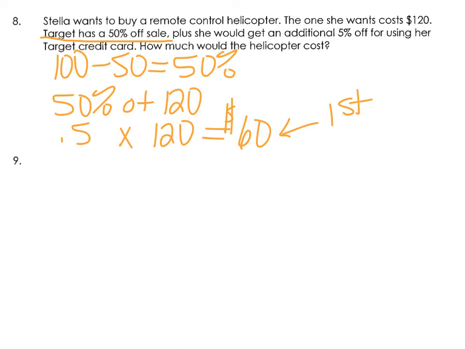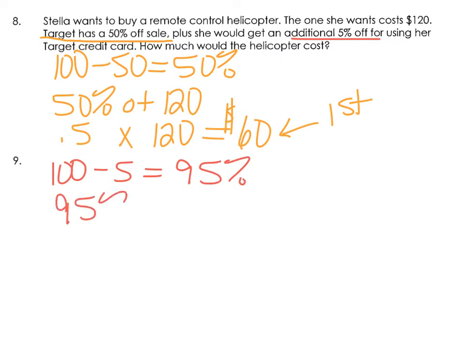So now the second discount is she gets an additional 5% off for using her Target card. So again, 100% of the price would be 100%, minus 5% means what she's going to pay now is 95%. So what we need to know is what 95% of, and we're going to take her second sale price there, of $60 would be.